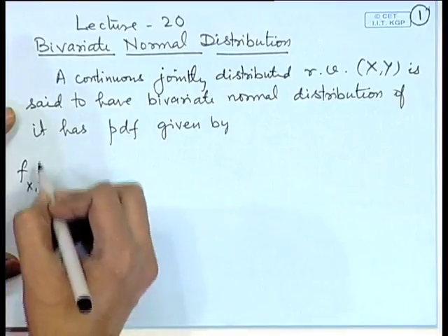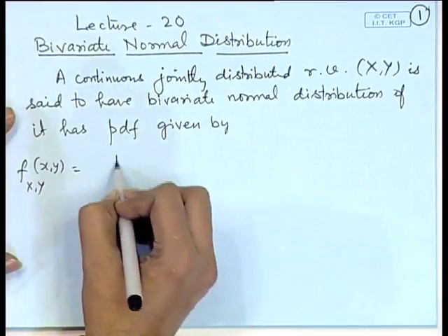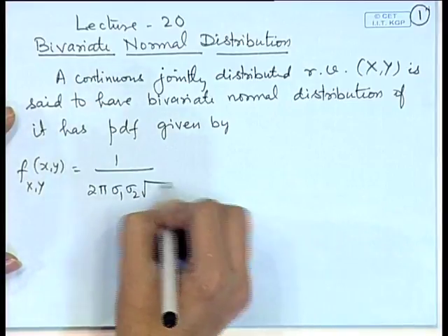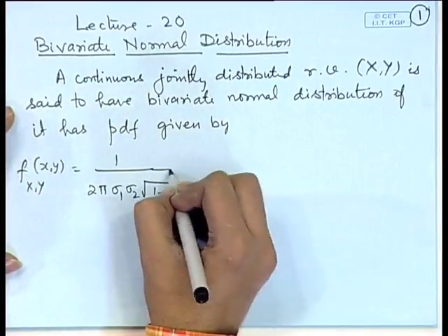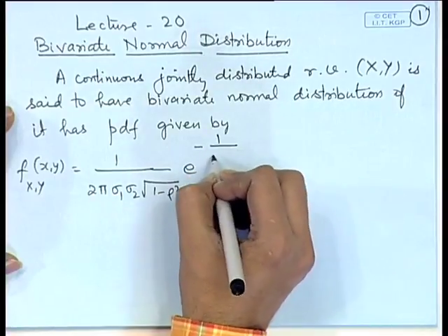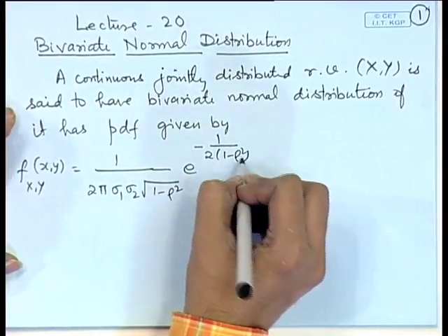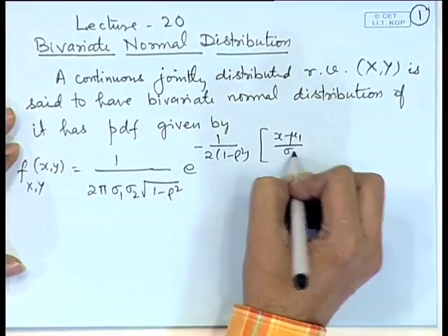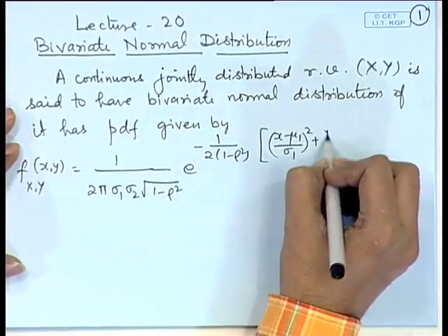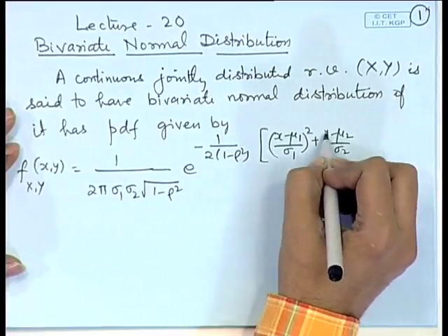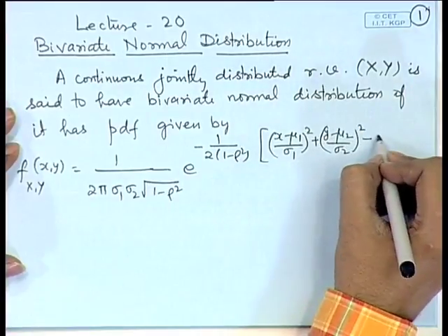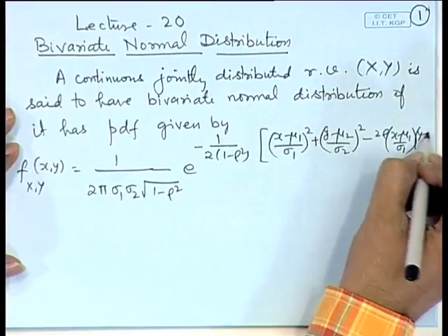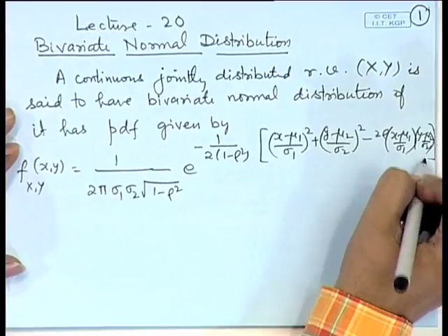f(x, y) equal to 1 by 2 pi sigma 1 sigma 2 root 1 minus rho square, e to the power minus 1 by 2(1 minus rho square) times [((x minus mu 1) by sigma 1) square plus ((y minus mu 2) by sigma 2) square minus 2 rho ((x minus mu 1) by sigma 1)((y minus mu 2) by sigma 2)].